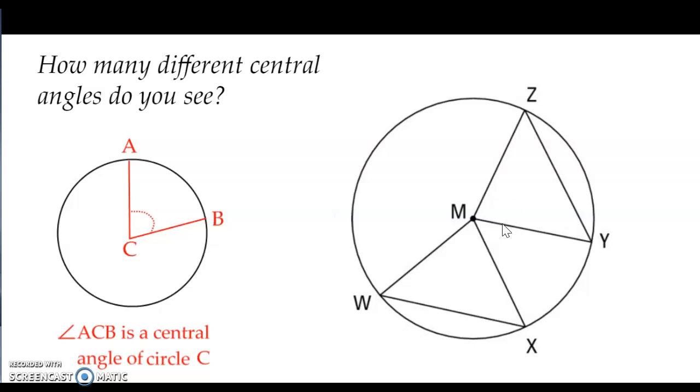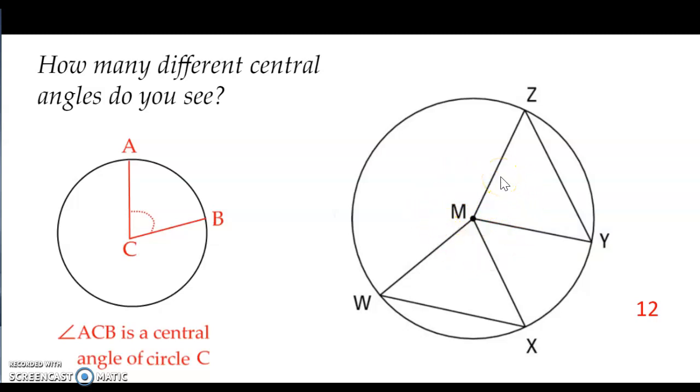Okay, so I actually counted 12. Let's see how I got that. I count 1, 2, 3, 4. But each of these 4 central angles has a reflex angle that goes with it: with this one, with this angle, with this angle, and with this angle.